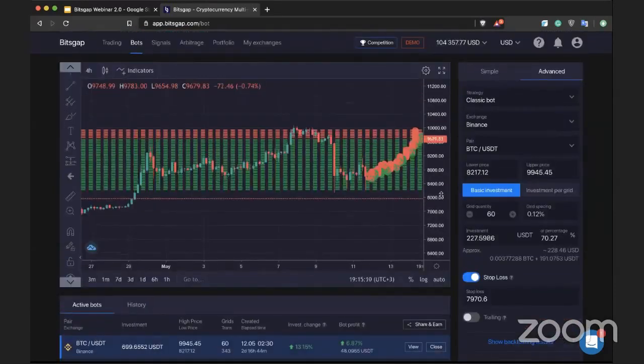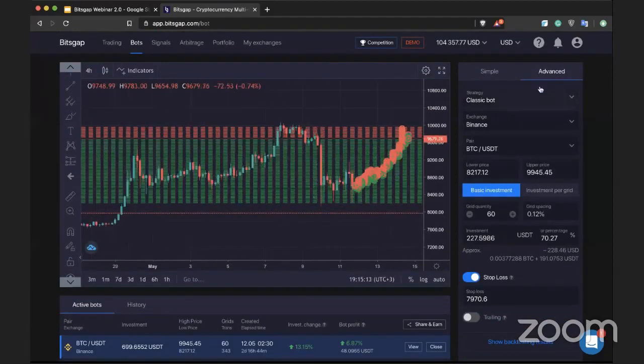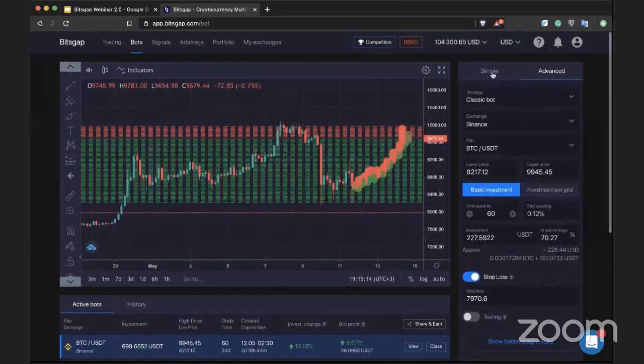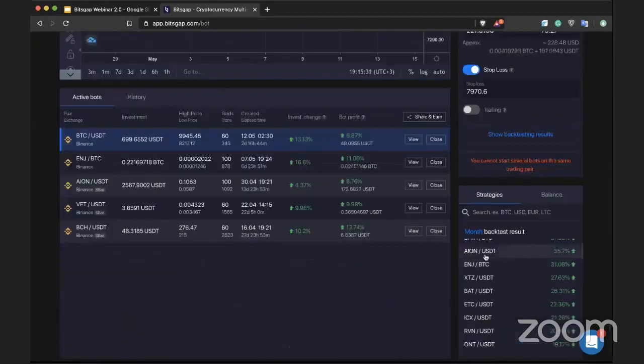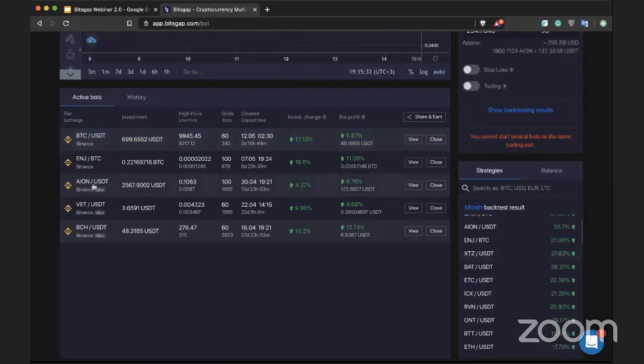And here on the right side, there is a panel. It says simple and advanced. I prefer using advanced because it has more specification. It tells me exactly how proportionately my investment will be allocated, like this. So let's open... actually, I already have that pair to USDT, so I'm going to use another one.